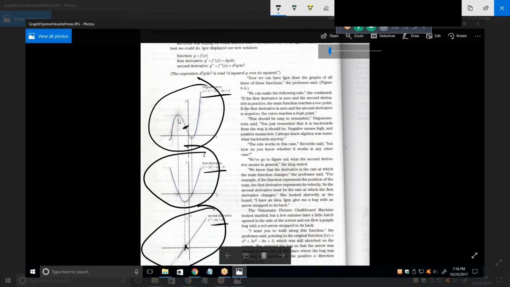Wherever the original function is increasing, the first derivative is positive. That's positive between those 2 points. Wherever the first derivative is decreasing, the second derivative is negative. It's negative right there. So all of your rules about increasing, decreasing, positive and negative apply.